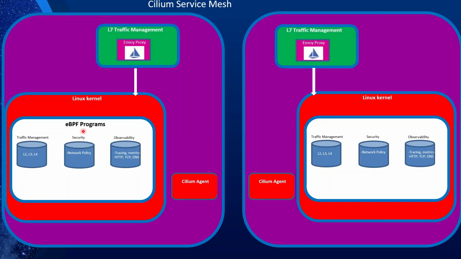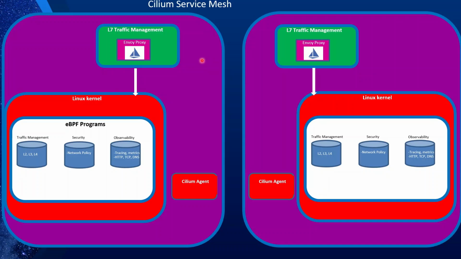So when you deploy Cilium Service Mesh, it will also deploy an Envoy proxy per node. Each node will get its own Envoy proxy, and all the L7 traffic management and enforcement will be done by that proxy on each node. This is different from the way Istio works.